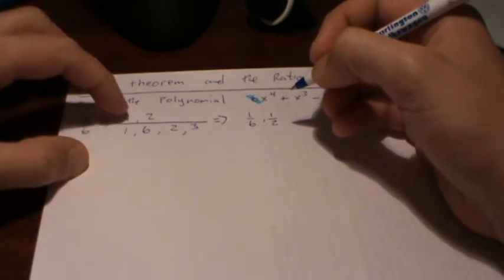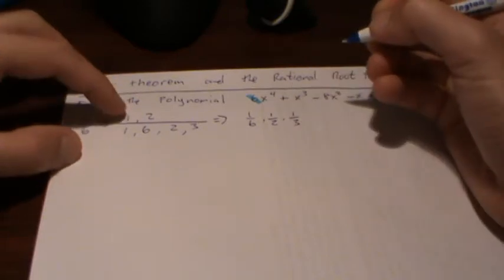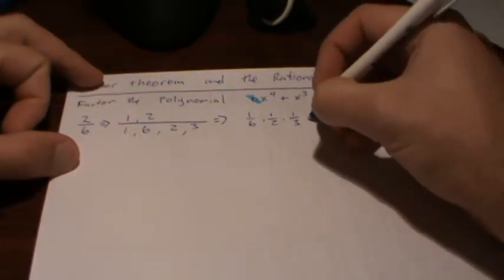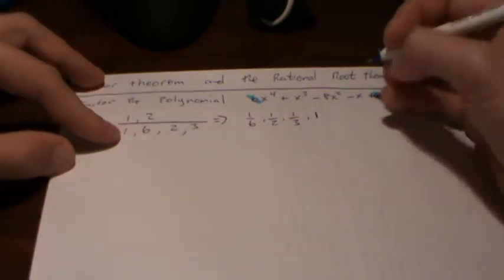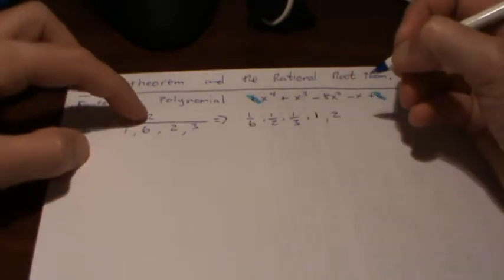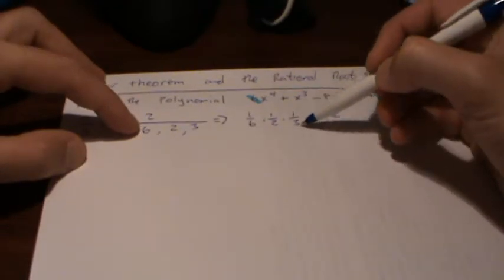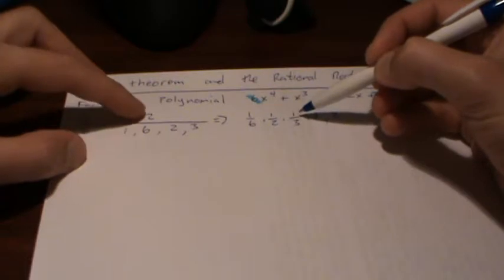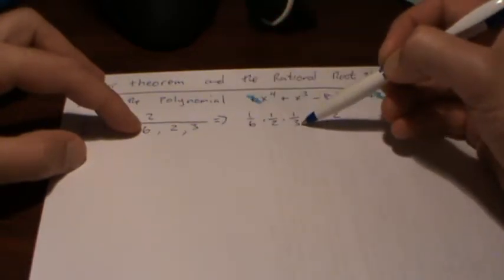Another one is 1/3. And then another one, I forgot, 1/1, which is just 1. Then I've got 2/1, which is 2. 2/6 is actually equal to 1/3. So I won't list 2/6 because I've already listed 1/3.